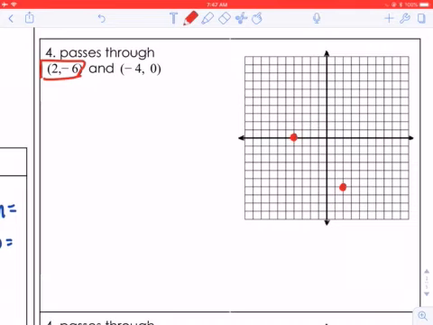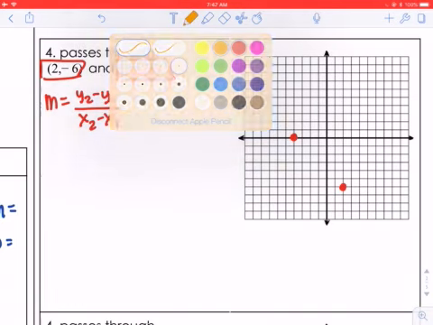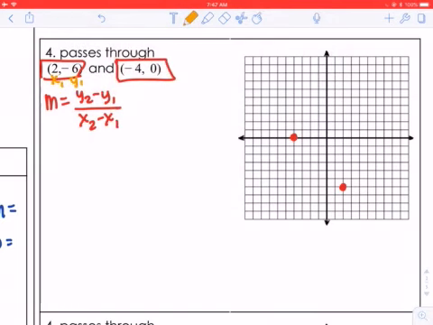I'm going to go ahead and solve this by finding my slope. I know that it's y2 minus y1 over x2 minus x1. So I'm going to label x1, y1, x2, y2.